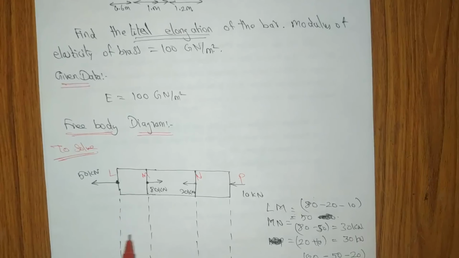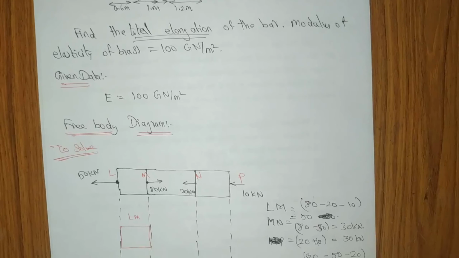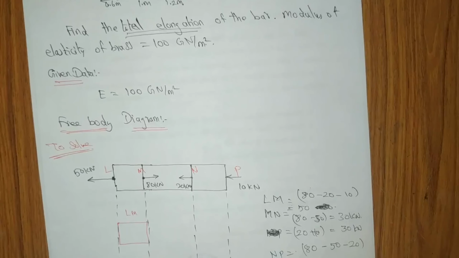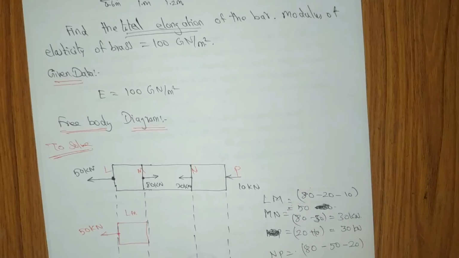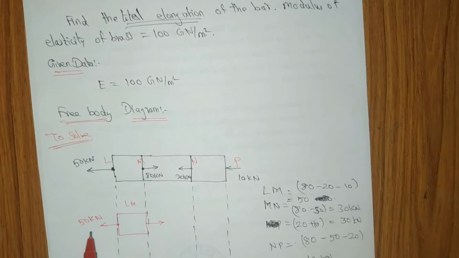So for this LM bar, let us write the forces on LM alone. At this point we have 50 kilonewton. If this bar is in tension, the reaction force will be an opposite force, also in tension, with the same value, 50.